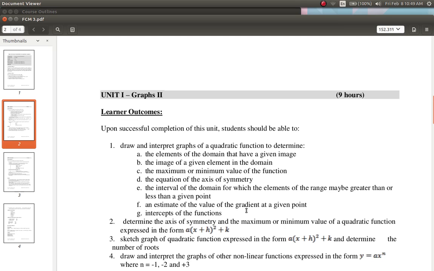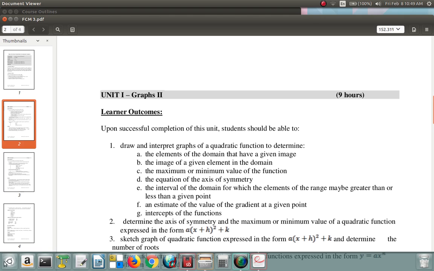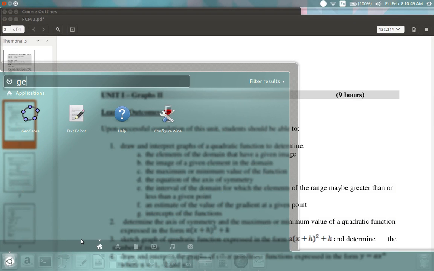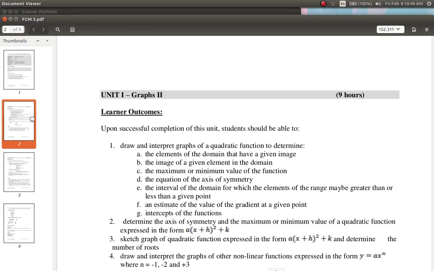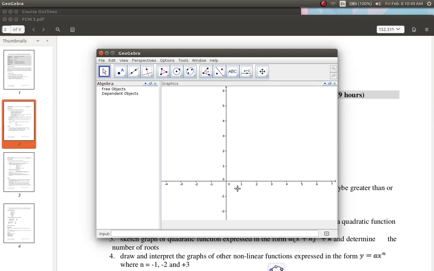Let's look at an example of a graph. First of all, I'm going to open GeoGebra and look at an example of a graph. Now, it talks about quadratic function. We're going to look also at the linear function and see the difference between it and the quadratic function.